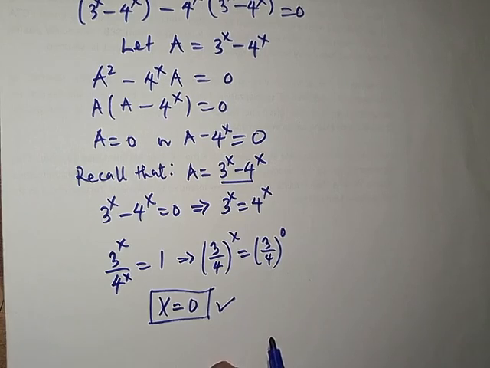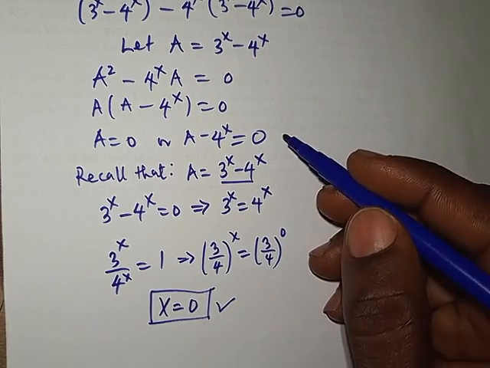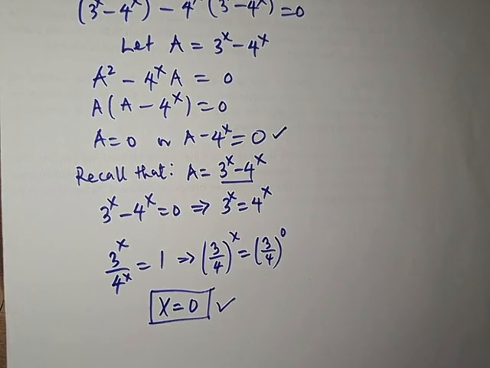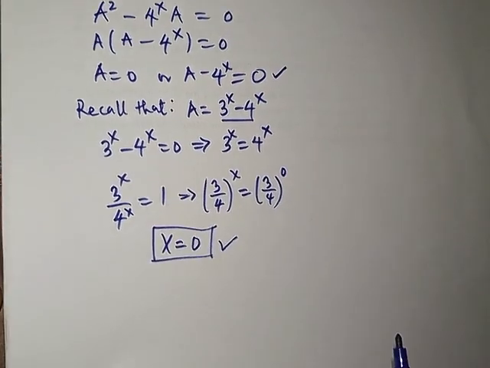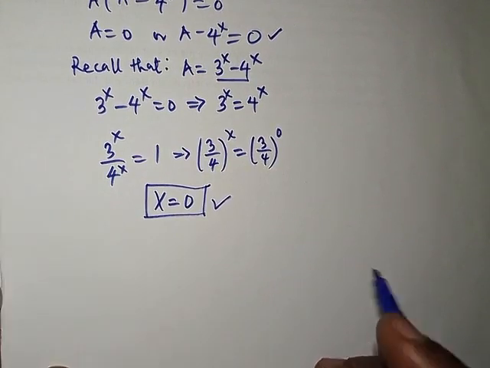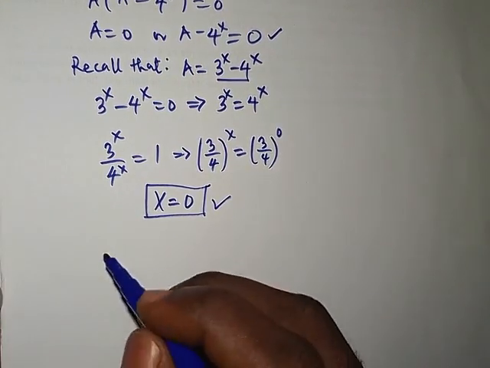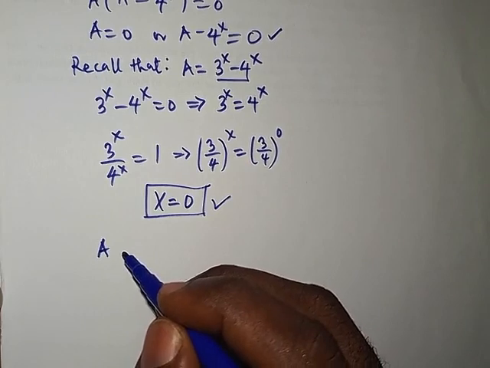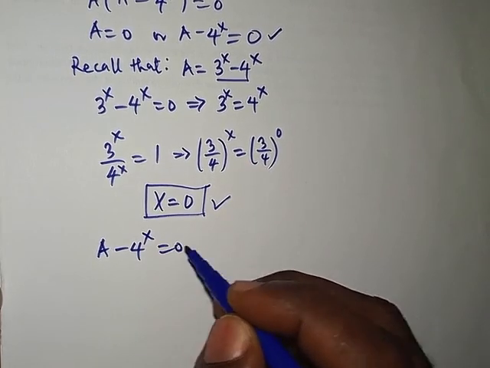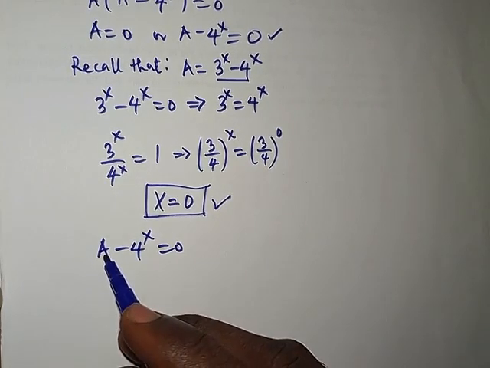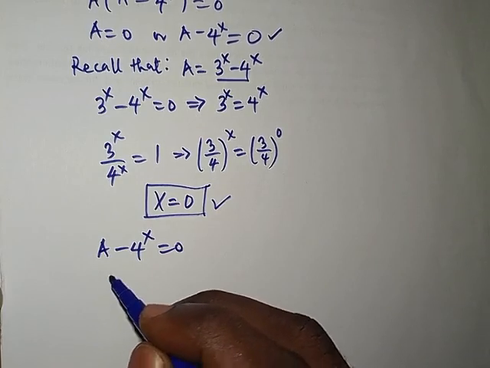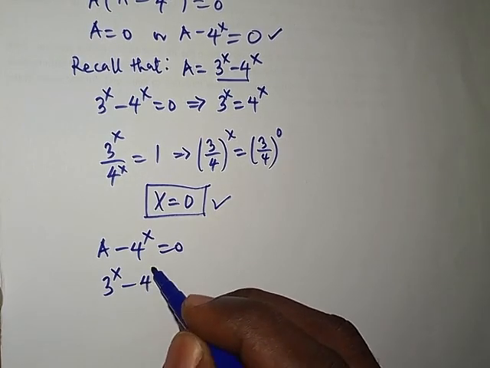That's the first solution, x equals 0. Now we look for the other solution. From a minus 4^x equals 0, let's recall again that a equals 3 to the power x minus 4 to the power x.